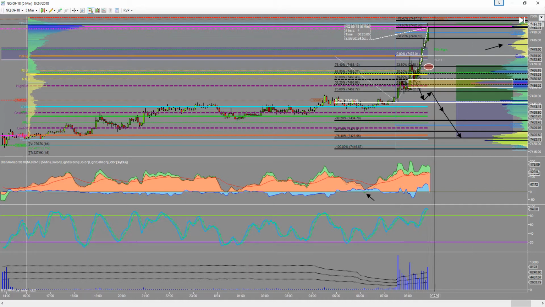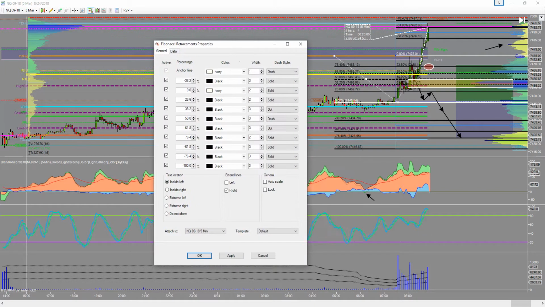And after that, well, the price went up. So that's a pretty good trade. I like that. So this is how you use your Fibonacci levels. If you want to see my settings, you can see them here.